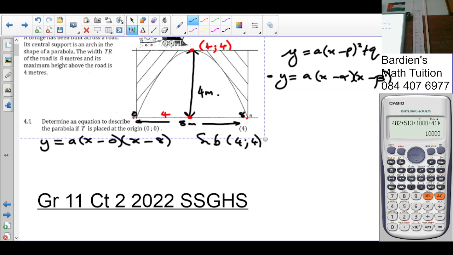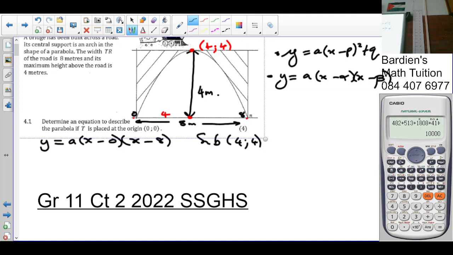Okay, if I had gone and substituted 4 and 4 into that equation, then I would have said y is equal to a into x minus 4 squared plus 4. Then I would have substituted either 0 and 0 or r, which is 8 and 0. But because I've used 0 and 0 and 8 and 0, that's why I must use a different point now, which is the turning point.